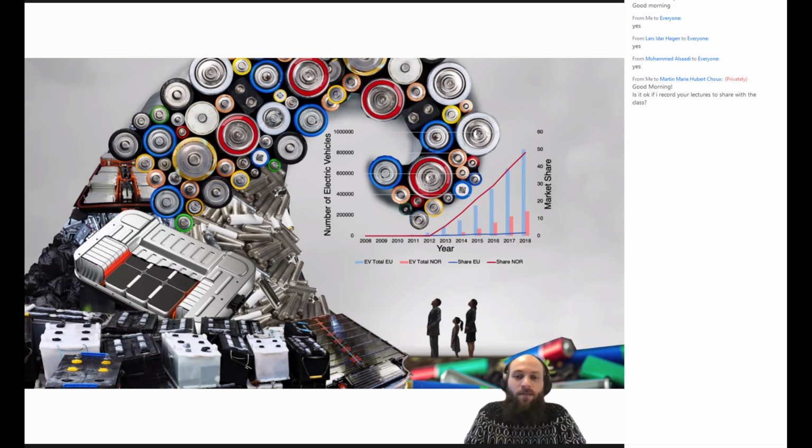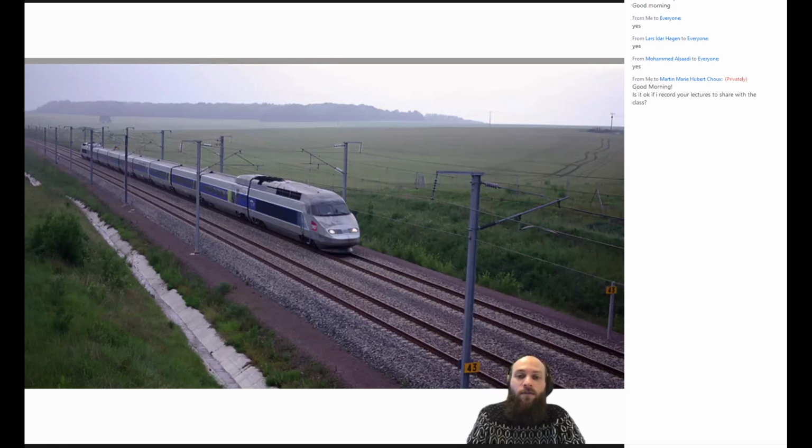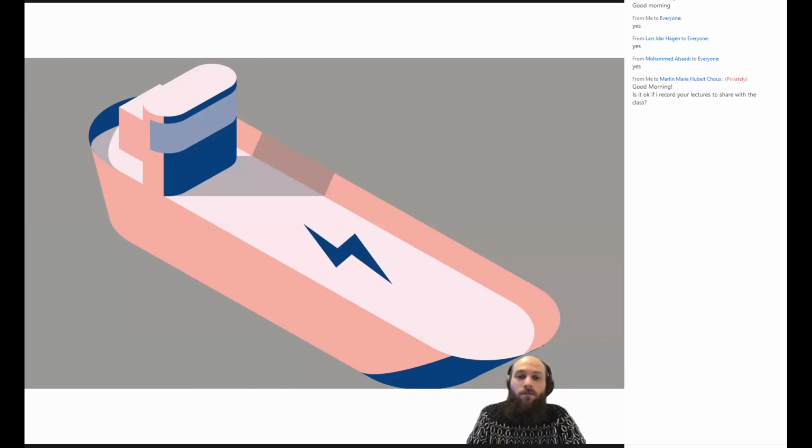But it's not only electric cars. Motors are used in, for example, everything from e-scooters to e-skateboards, but also trains or electrical ferries. Just in Norway, in 2020, 60 new e-ferries were built.